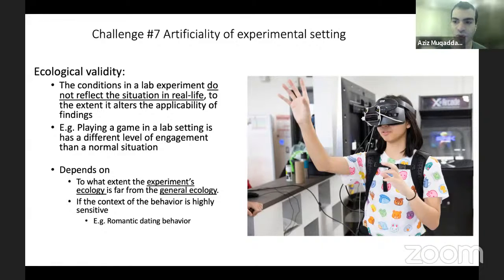So if I bring you in to play a video game in a lab setting, right? There would be one person, let's say the main researcher, me, right? And I'll hand you different devices and I'll be sitting at some corner and I will invite you to, okay, go and play this game. And maybe I'm having even more sophisticated stuff.